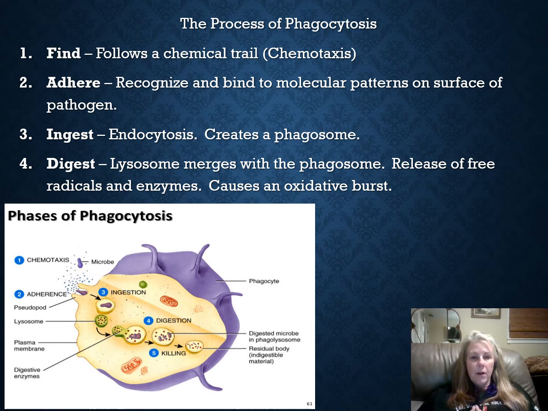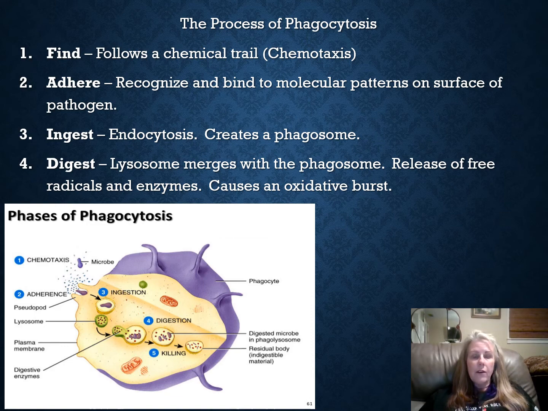All right, number 4. Now that macrophage has to destroy the bacteria. It can't just keep it inside. It's going to have to destroy it, and it does that with the help of some molecules that are inside of a lysosome. So the lysosome is going to merge with the phagosome, and as a result, it's going to release free radicals and enzymes and cause an oxidative burst at the bacteria.